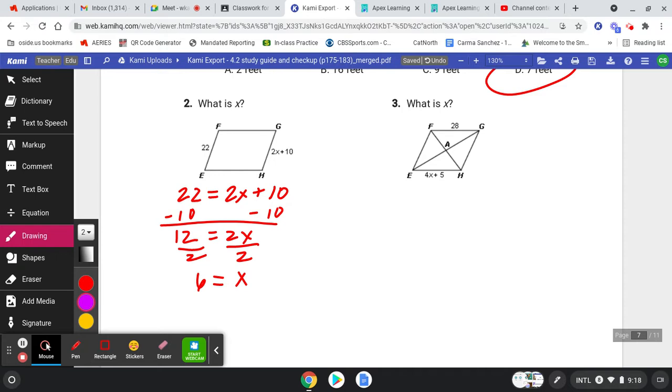Okay, what is x in this other one? Notice that we're being given this 28 and this expression of 4x plus 5. And we know that opposite side lengths are congruent.